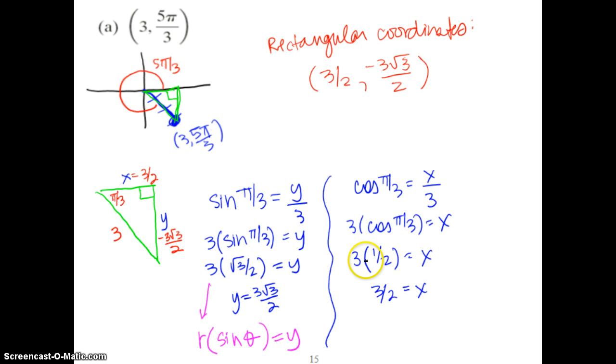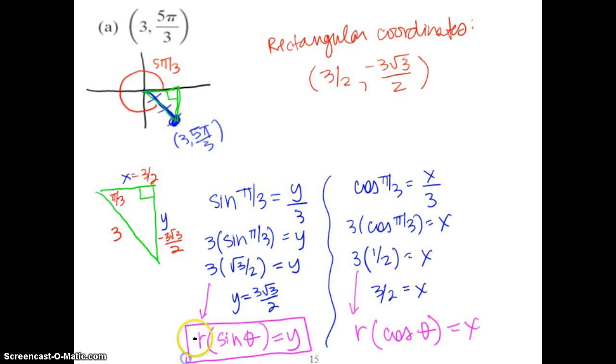To get the x value, we took the r and multiplied it by the cosine of theta, and we got the x value. So in the future, instead of drawing these triangles, if you have polar coordinates and you want to find their rectangular coordinates, all you really have to do is take the sine of the angle, multiply it by r to get the y value, and the cosine of the angle, multiply it by r to get the x value.